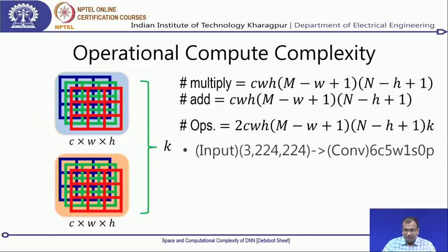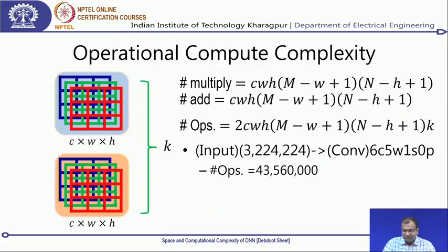Now, say for a very simple case with a 3 channel input image of 224 cross 224, which I convolve with a kernel of 5 cross 5 and a stride of 1, with 6 output channels. My total number of operations in this case is about 43.5 million.